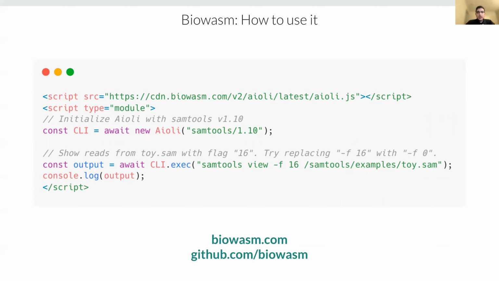Here I'm showing a simple example, but Aioli lets you specify multiple commands. You can load as many bioinformatics tools as you want. You can also mount local user files. So if users give you a local file, you can mount it on a virtual file system, which will simulate a file system, but within the browser in memory. And it also lets you mount URLs as well.